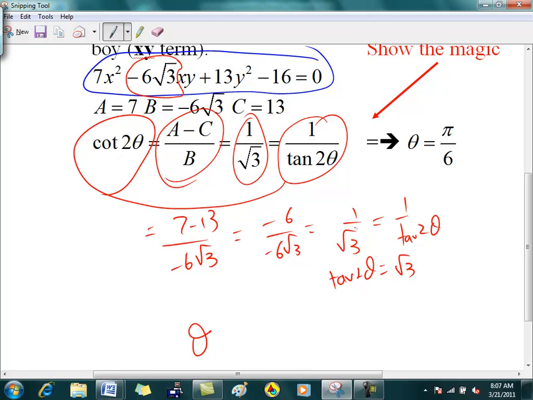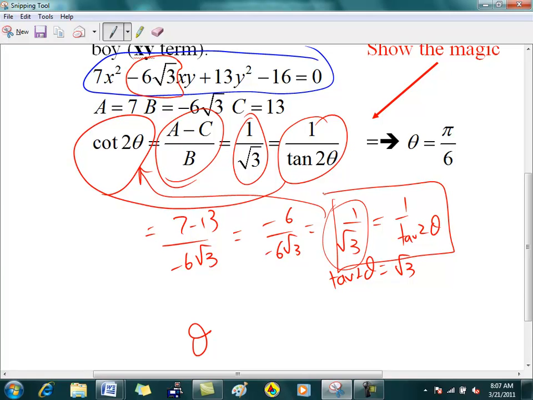Okay, cotangent 2 theta is this, right? Because that's what I did. But cotangent is 1 over tangent. So then I get this. You with me? I just flip it over. Remember, what I want is tangent 2 theta.